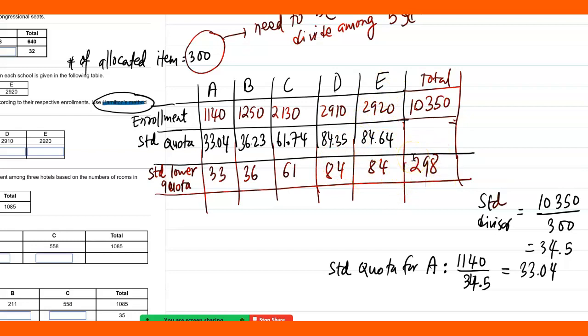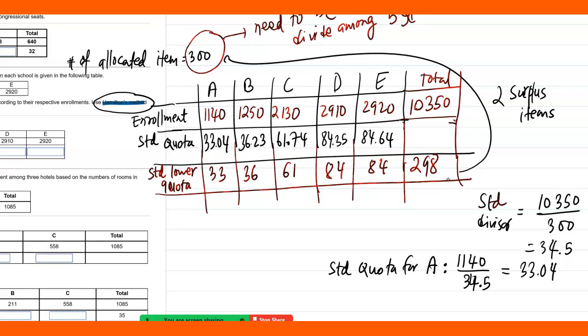Oh my God, how about the two computers? How many computers need to be divided? 300. Therefore, if you divide it that way, two computers are surplus here. We call it two surplus items.